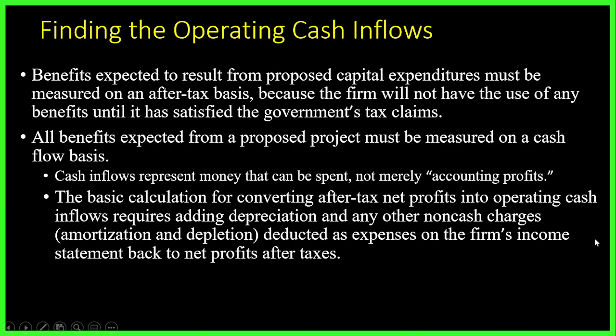One of the common questions I get here is, sir, why not just ignore depreciation or other non-cash charges, and then deduct the tax to get the after-tax cash inflows? The answer is we cannot do that, because your non-cash charges, like depreciation, will have an effect on taxes.